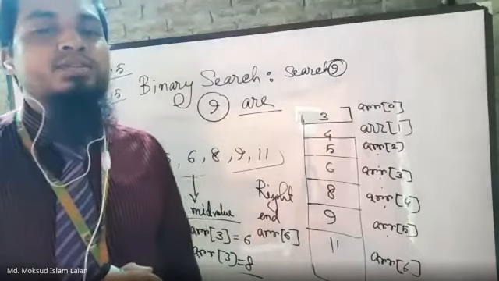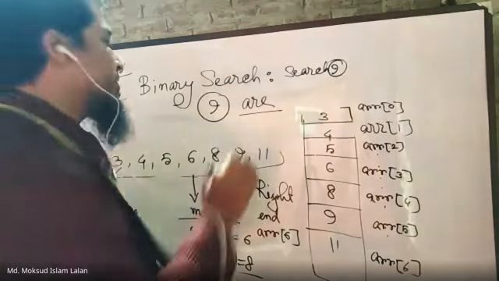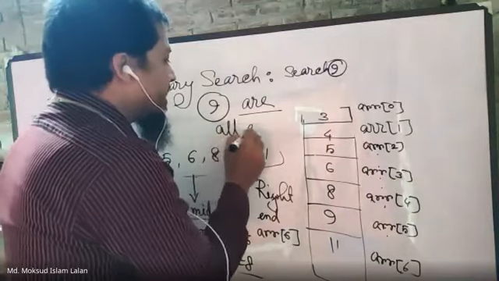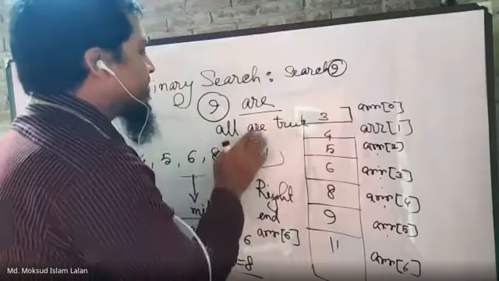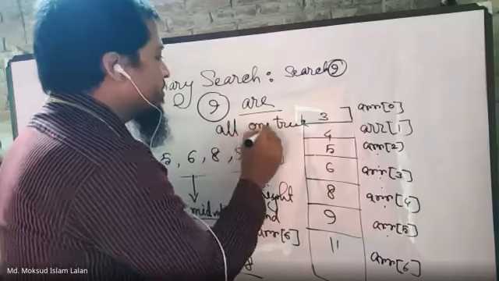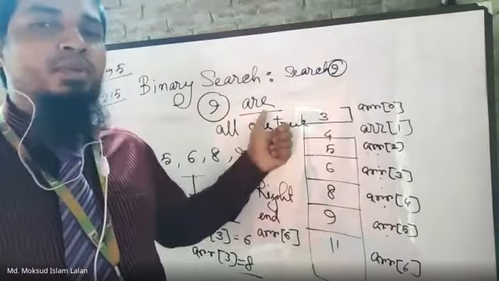We can call it that. So when I check your script, I don't know how you can write, because you are a university student, all one true instead of all are true. By a slip, or maybe copying.